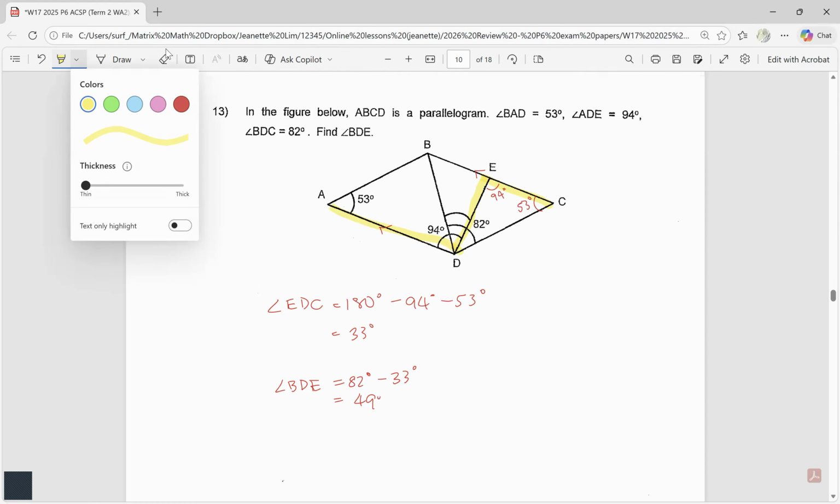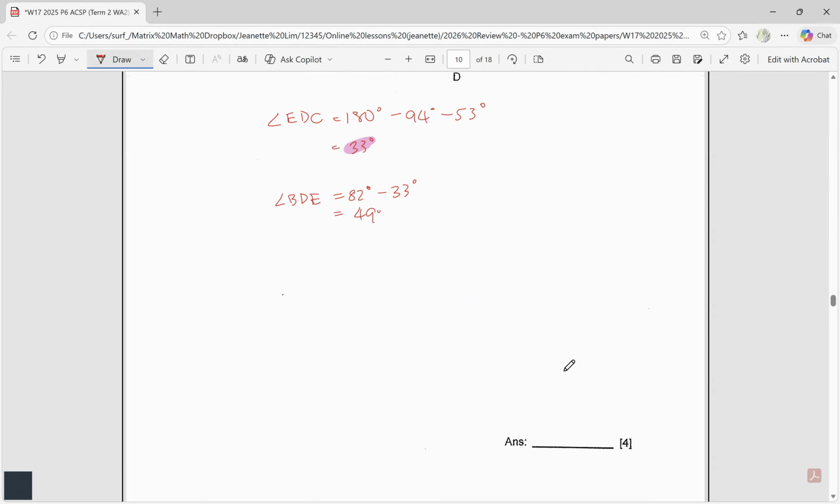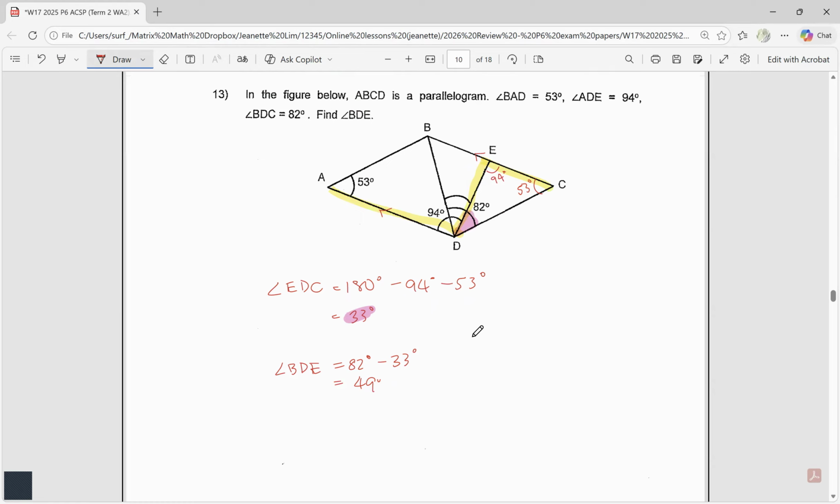Okay, so 33 is here. Sorry, no, wrong one. 33 is here. So that's why we take 82 minus 33. So answer 49 degrees.